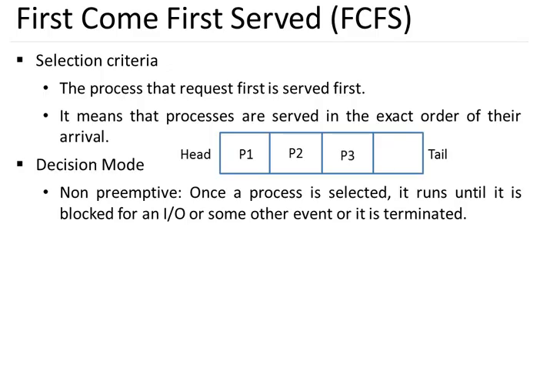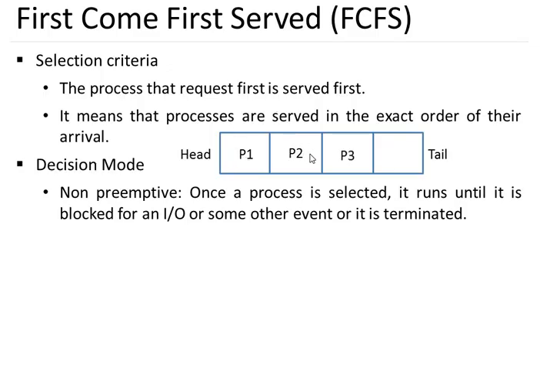Okay, for example, here you can see P1 is running. Let's assume the CPU is allocated to this process. If P2 arrives and P1 is not completed, it will not affect the execution of P1. So this is non-preemptive. But if P1 requires some input output and P1 is blocked, then obviously the CPU will be switched to the next process.